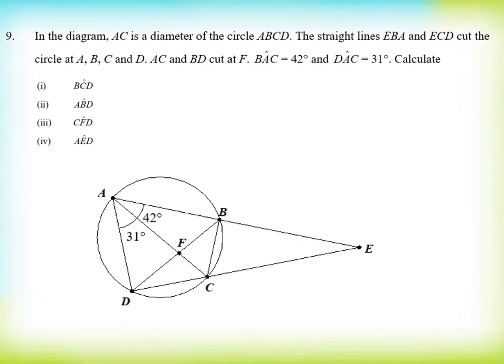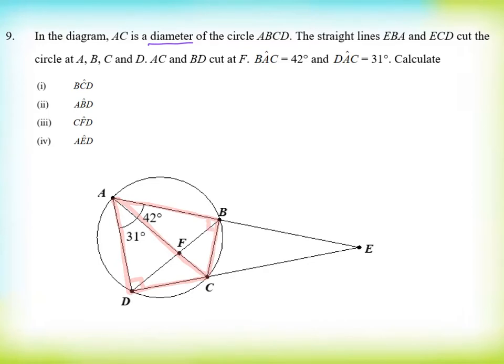Question number 9. In the diagram, AC is a diameter. Now when we have a diameter, what will we have? AC is the diameter. That means I will get a semicircle over here. Angles in semicircle are 90 degrees. And similarly, angles in semicircle over here, this is also 90 degrees.